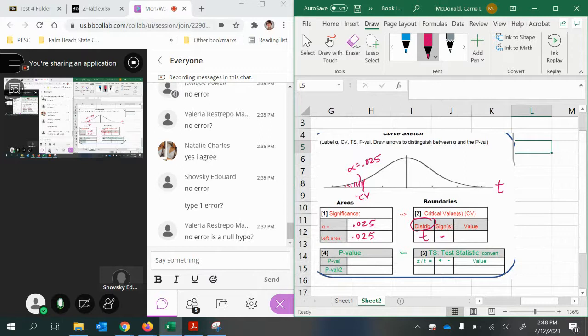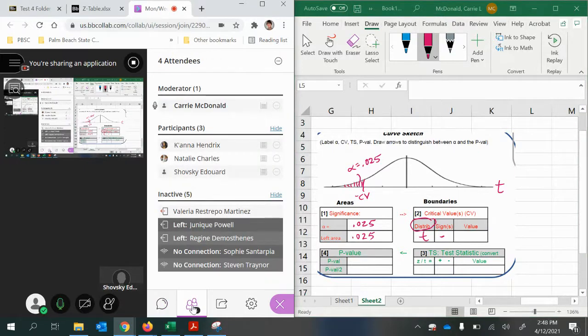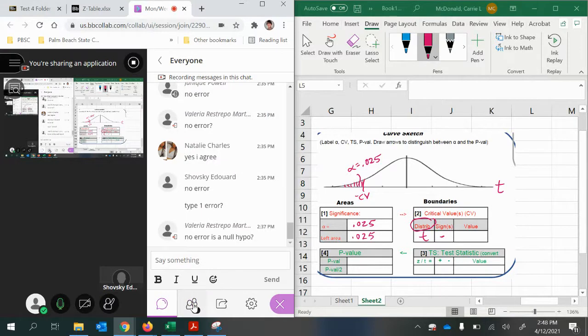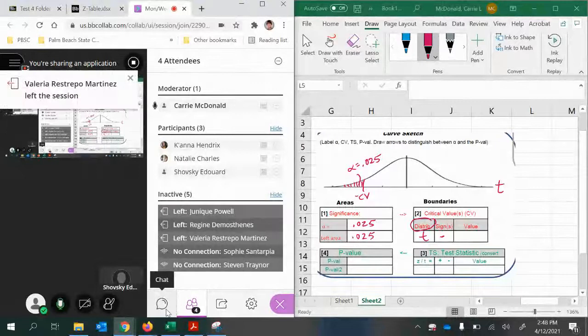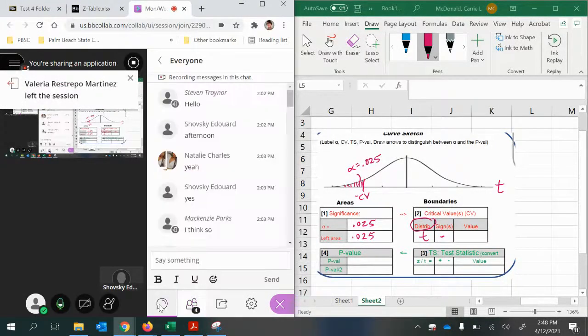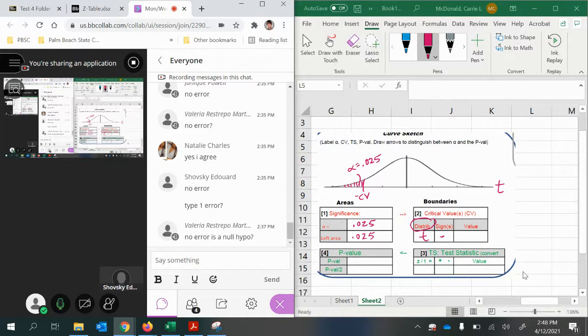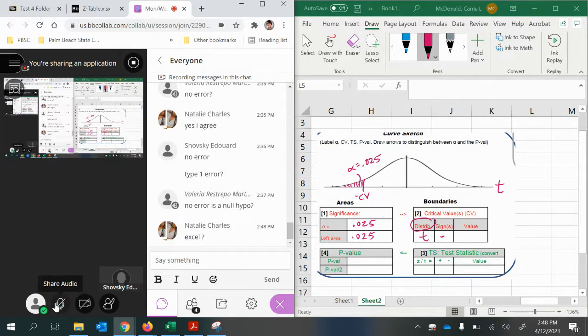Do you have a table that you like looking at for finding t-scores? It's just the four of us, you guys. It's Kiana, Natalie, and Shavsky. Do you have any suggestions? Excel, Natalie? Yes, there is something we can do with Excel.